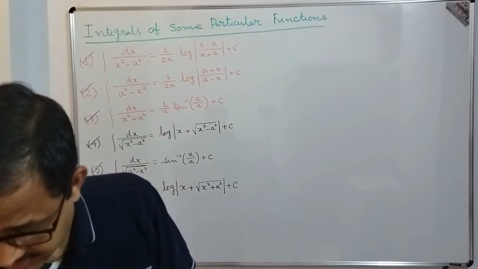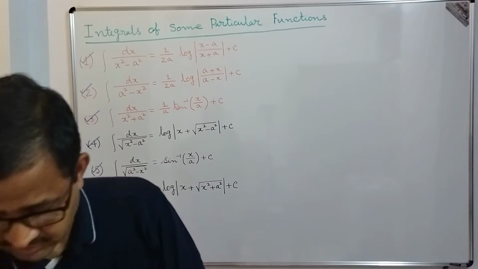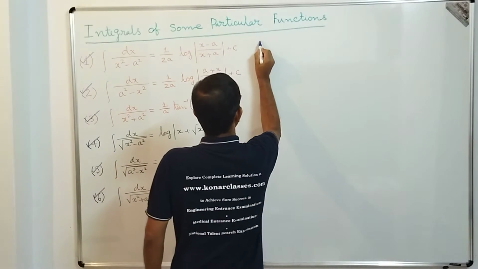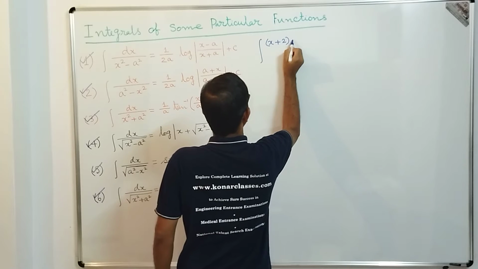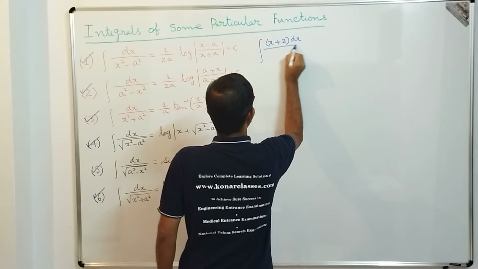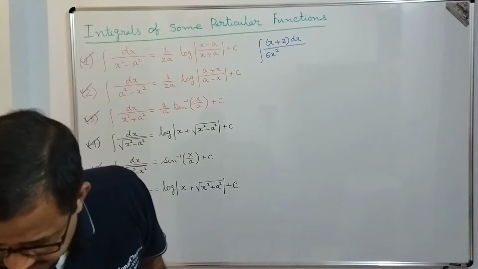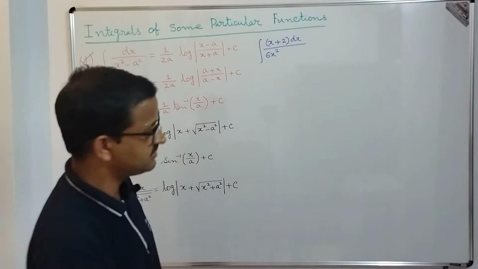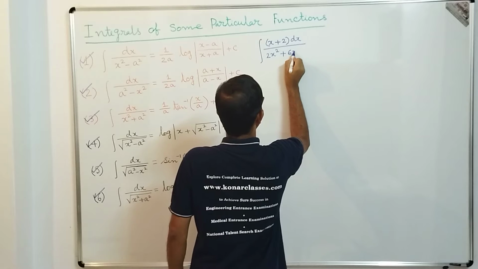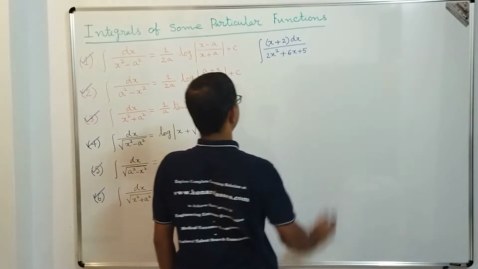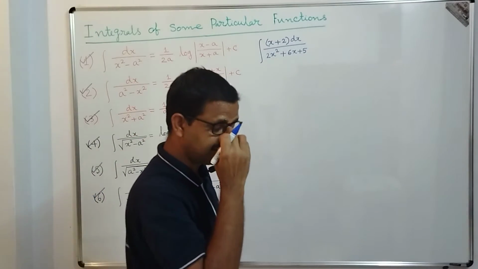So the first question is the integration of (x plus 2) dx divided by 2x square plus 6x plus 5. So what should you do, dear students?